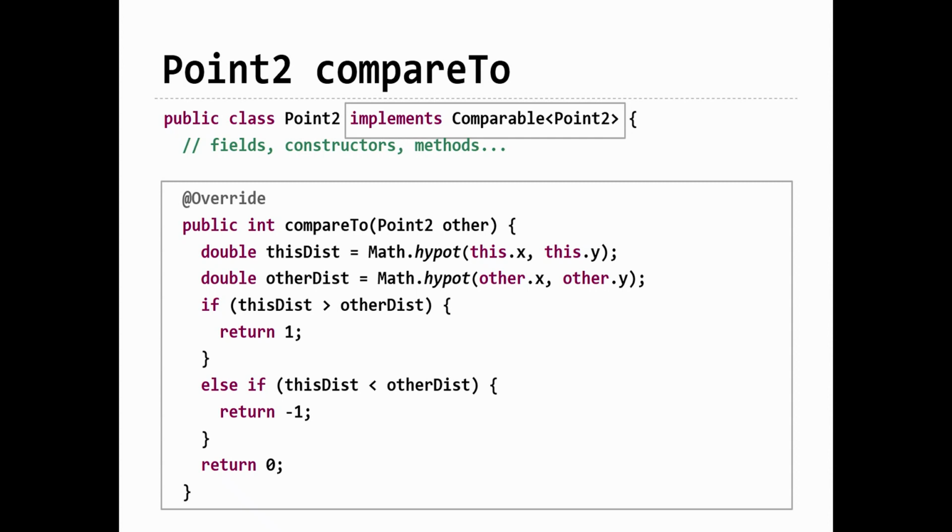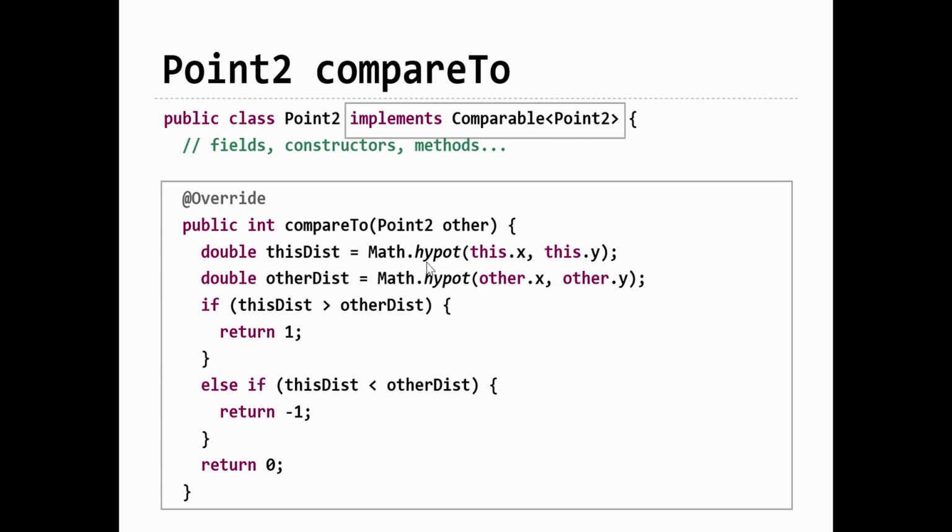It goes beyond the greatest value that double can represent. Similarly, if you square y and it's very large, that might go beyond the largest value that double can represent, so you'll get positive infinity. And then if you compute the sum of two large values, that can also go beyond the largest value that double can represent. Hypot is fancy.